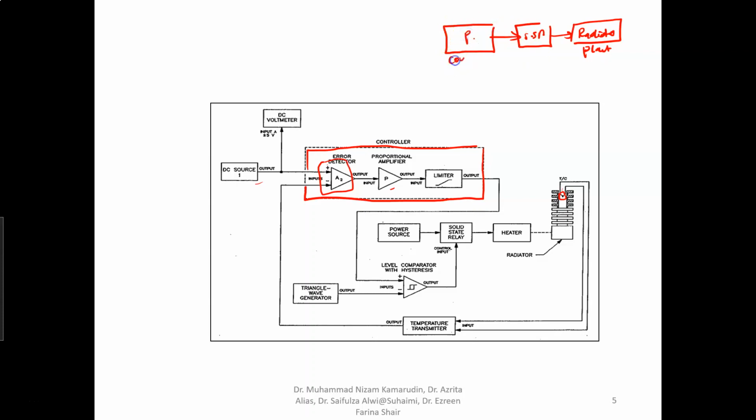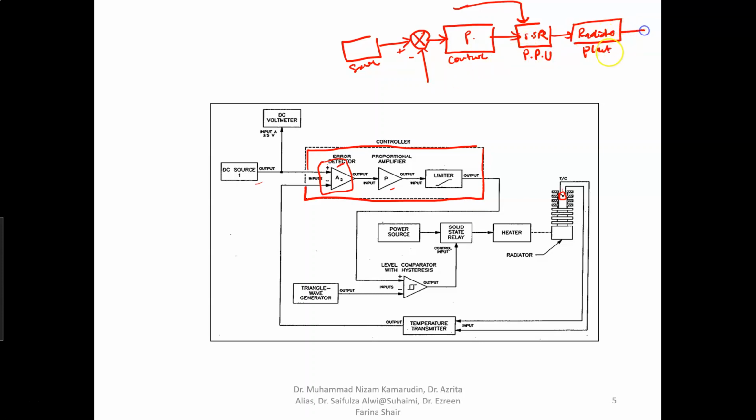So this is our controller, and we have a decision maker, which is the error detector, represented by the summing block, and we have the source. This is a DC source or demand, and we have a control signal to the solid state relay. This is our solid state relay or power processing unit as previously.